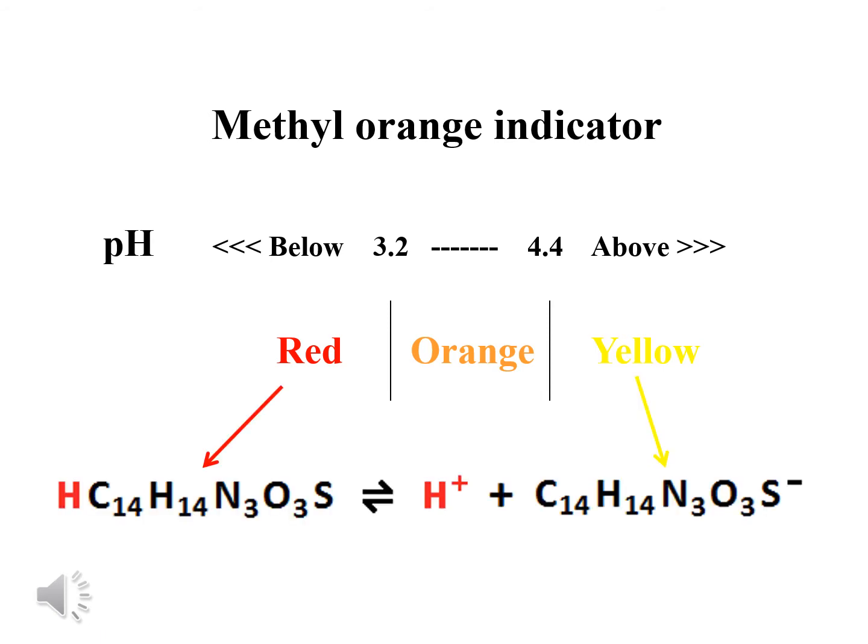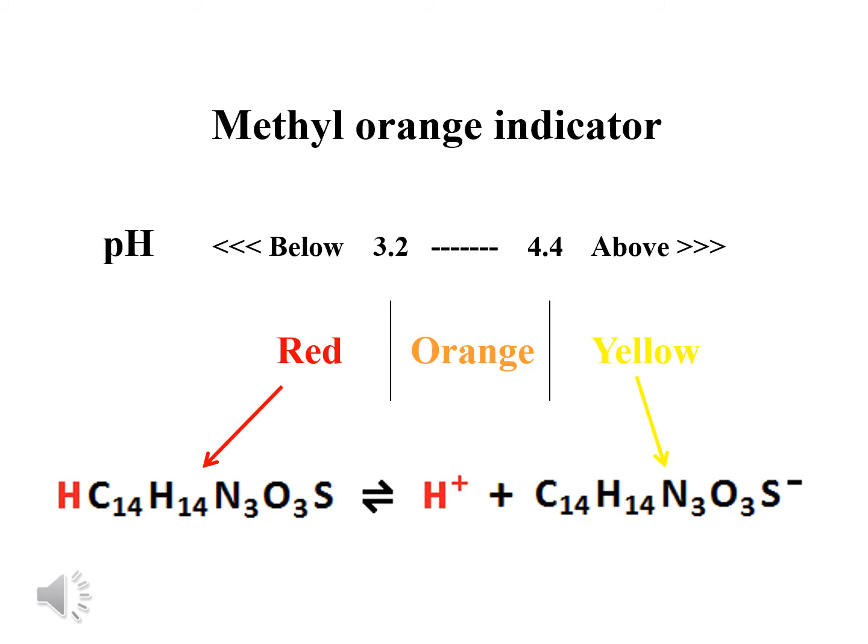An indicator is just a weak acid. They have very complicated formulas, so I did not put this in the weak acid table, but I could have. It's a weak acid that loses 1 H+. The difference in an indicator from the ones we were looking at is that they have two different colors depending on whether the H is attached or not.